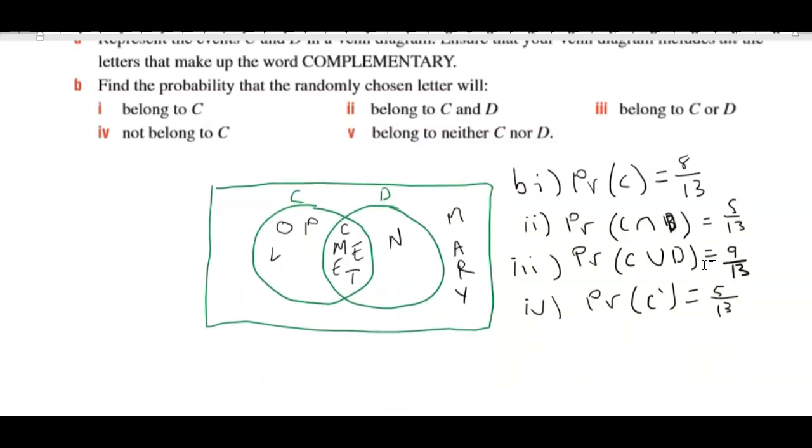All right, and then lastly, belonging to neither C nor D. So the probability of C, oh, sorry, let me just fix that up.